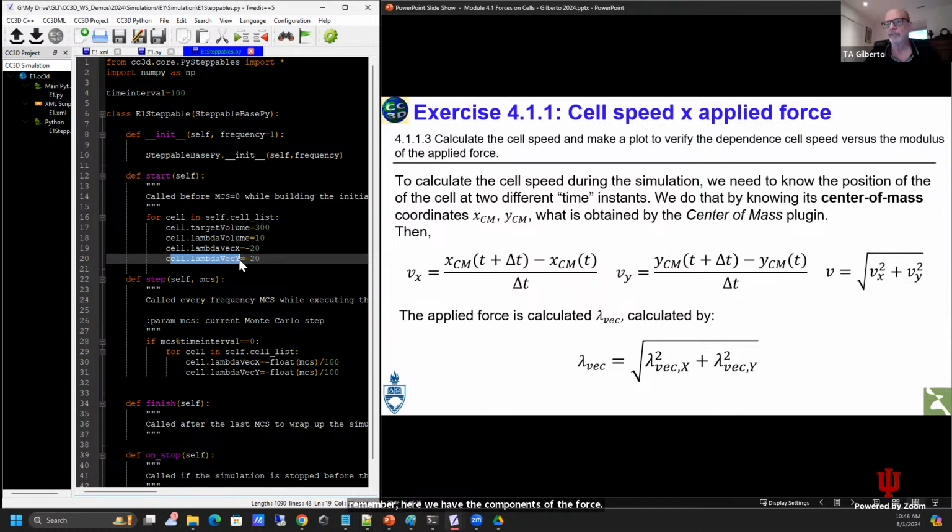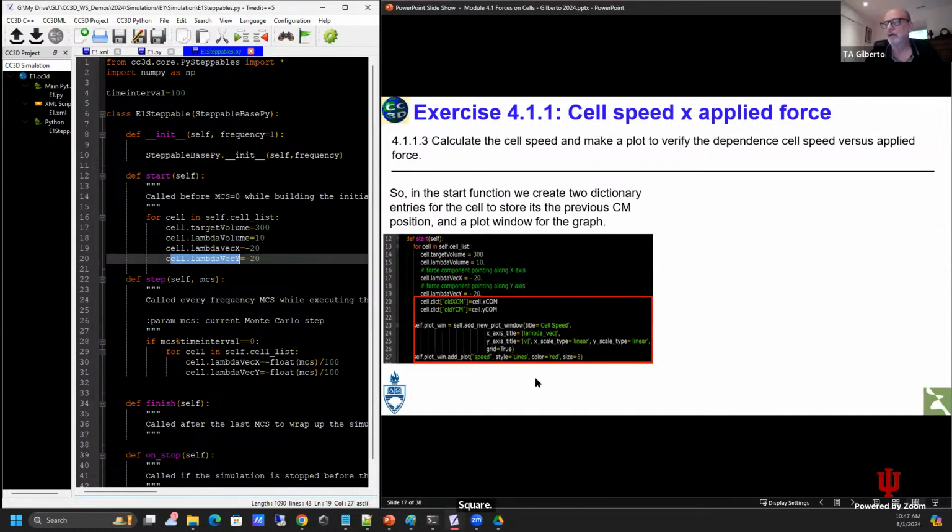The strength of the force is given by the square root of lambda vec x squared plus lambda vec y squared. Now we have to implement this. How do you do that?